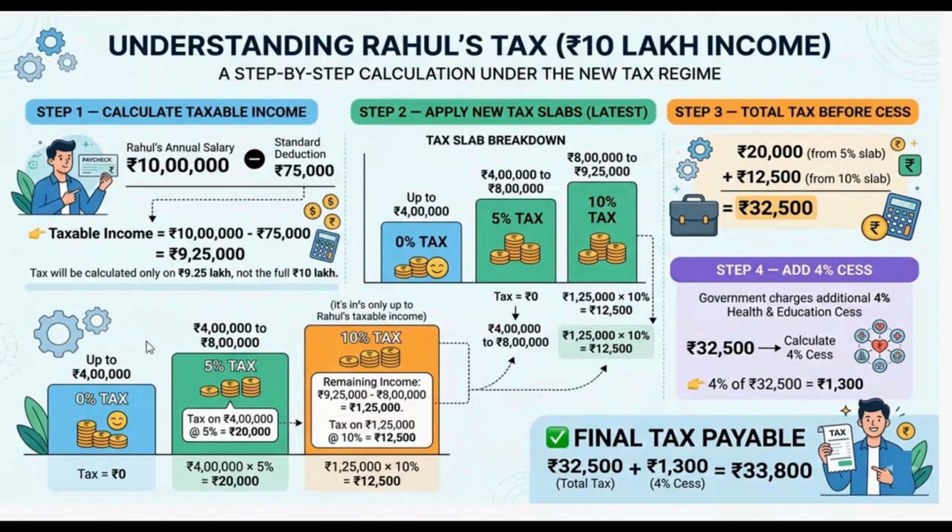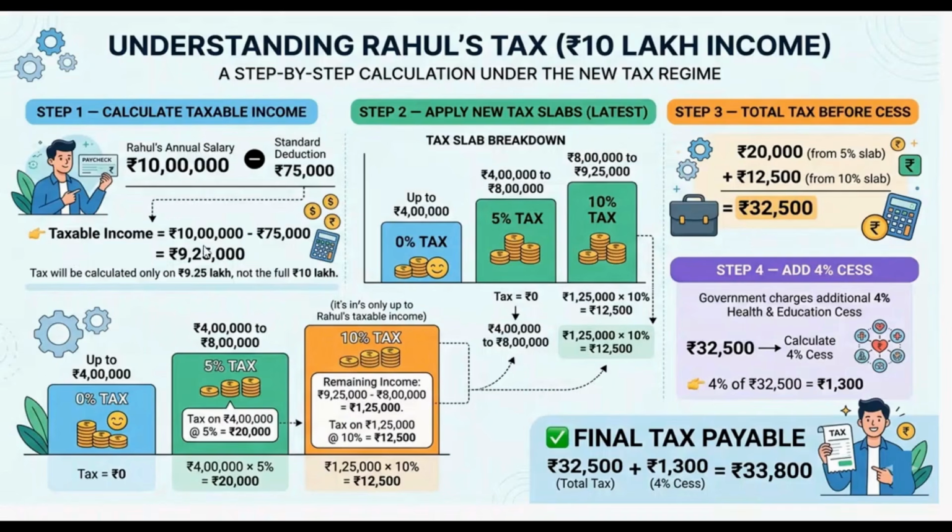Now see what the tax is. Up to 4 lakh, the tax is 0 as it is 0%. From 4 lakh to 8 lakh, it is taxed at 5%. So 5% of 4 lakh is 20,000. Now, how much amount is remaining?